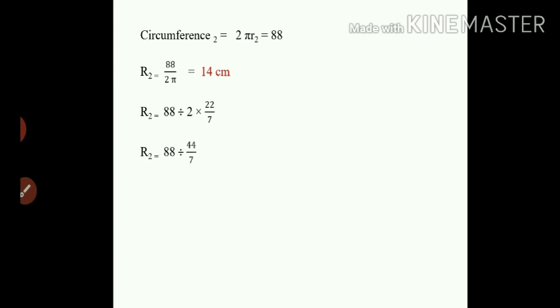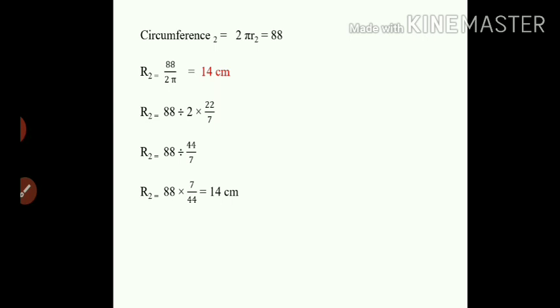Again, 88 divided by 2 into 22 will be 44, 44 upon 7. Again we will convert divide into multiply, 88 into 7 by 44. 44 ones are 44, 44 twos are 88. 2 into 7 will be 14. So R2 will be 14. So we got both the radius now. Radius 1 was 21 and radius 2 is 14.